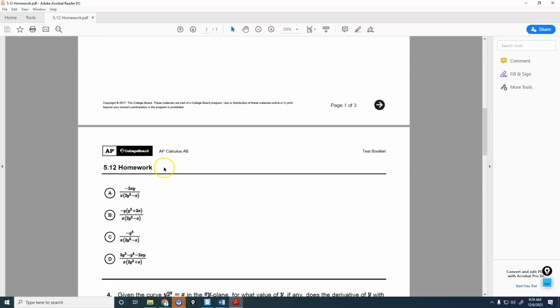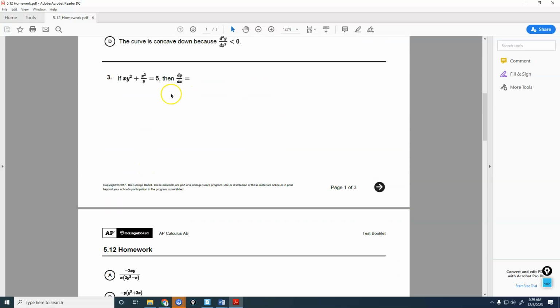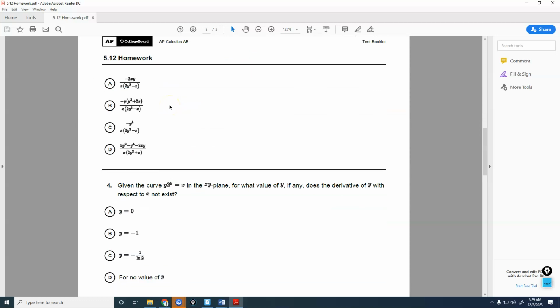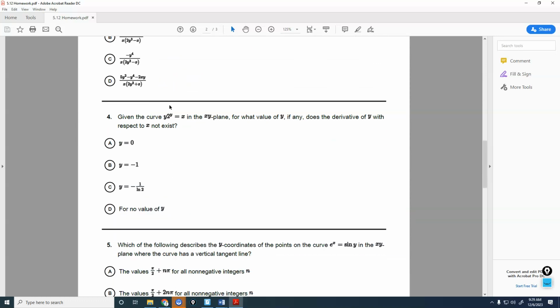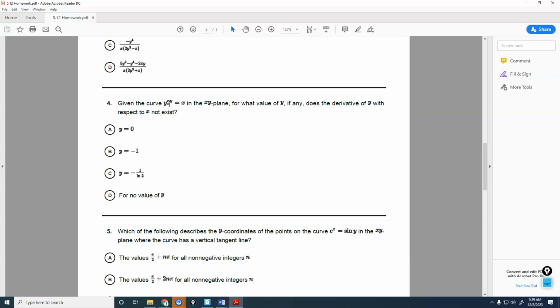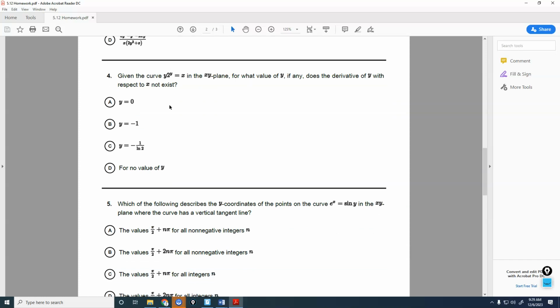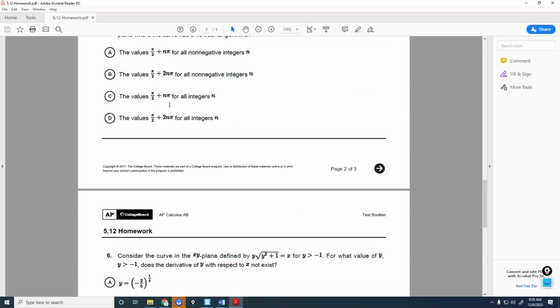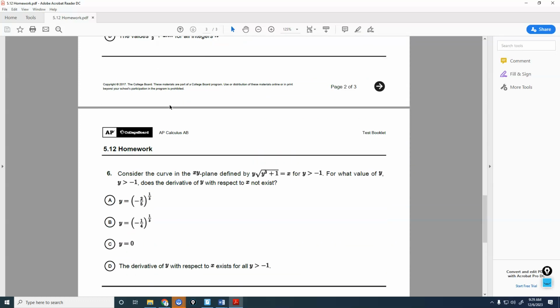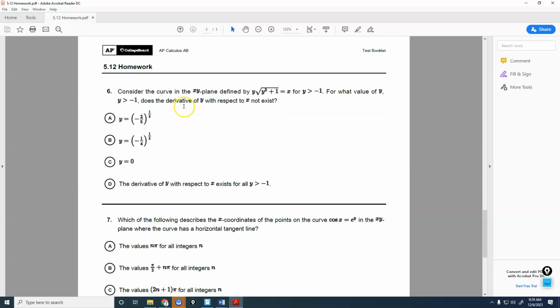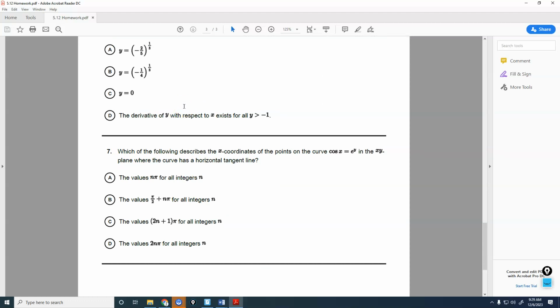It's just like that review problem we did at the beginning, just asking for the derivative. Is it 4, or is it 5? Let me look at my work on these. I hope I've got work on these.